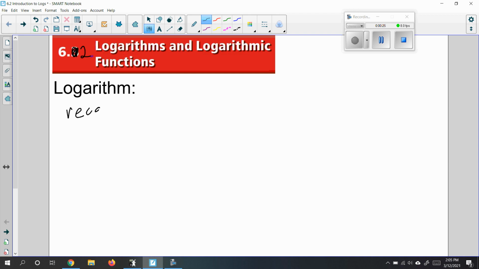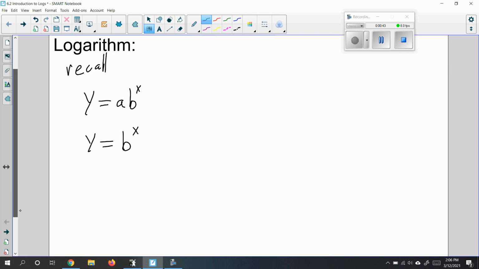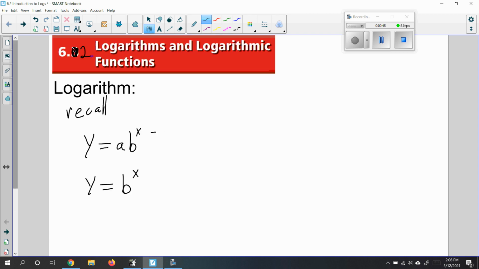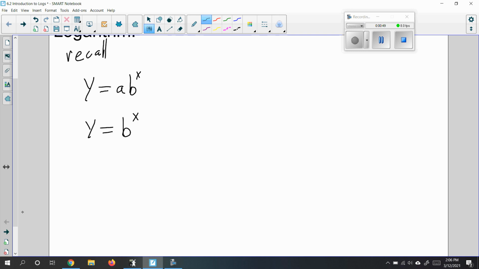Recall that an exponential function is equal to y equals a times b to the power x. Well, let's let a equal 1 for the moment, and we'll create a new function, y equals b to the power x. Then I am going to define a logarithm as such.